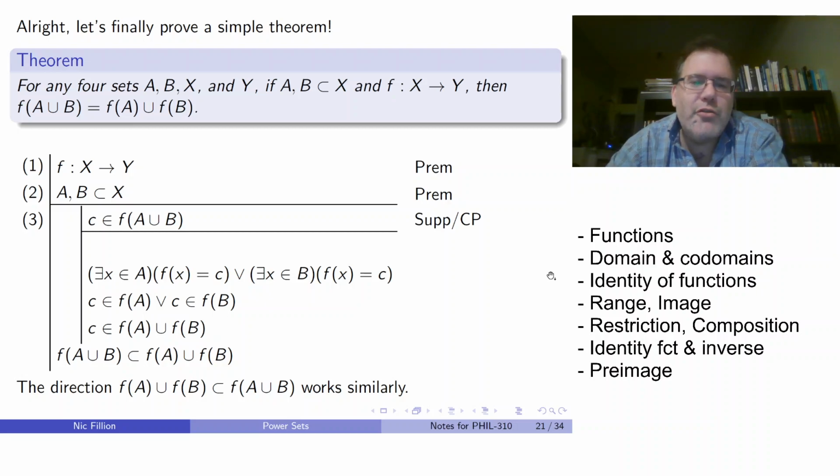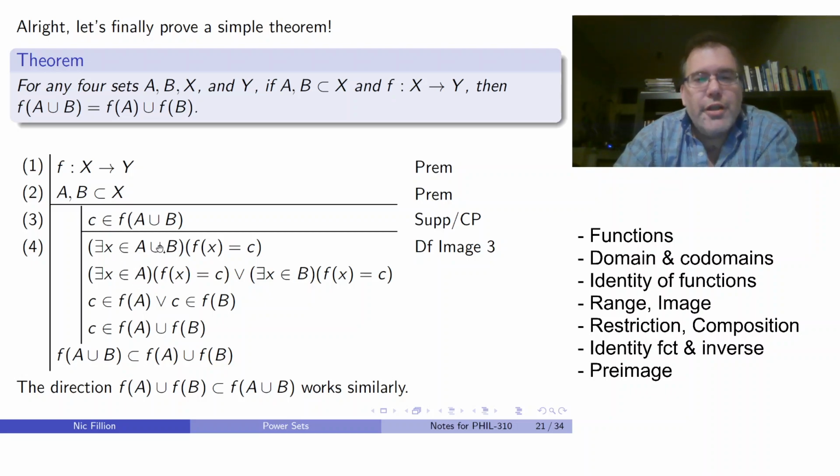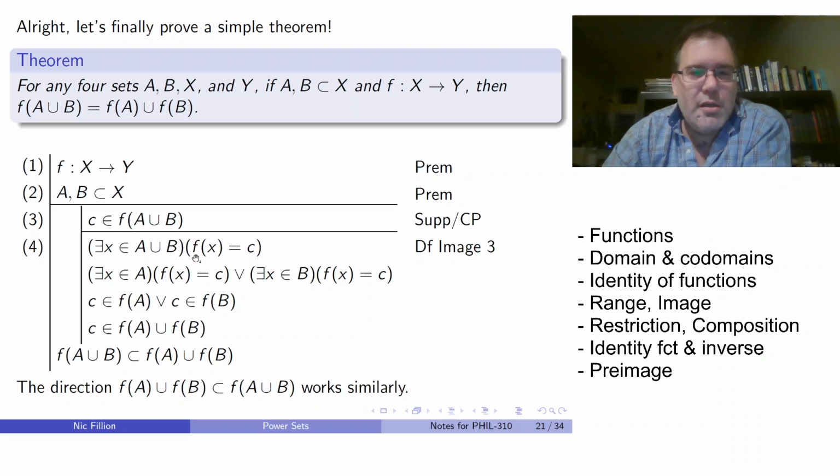Now I'm going to make a bigger step about logic here in order to fill in all the details, which I'm sure you can do. You'd use the definition of restricted quantifier and a few little facts, but here's what I want to say. There exists an X in the union of A and B such that C is the value of F at X, right?